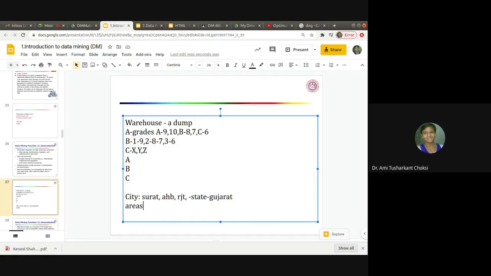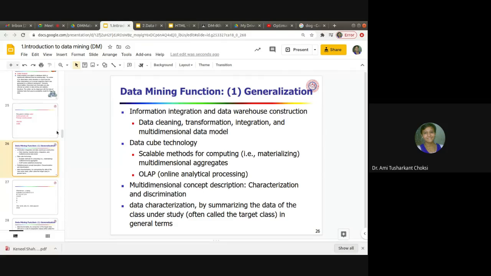So when we are going into detail, that is specialization, and when we are going above in the concepts, that is generalization. Fine. That is what we have talked of here.